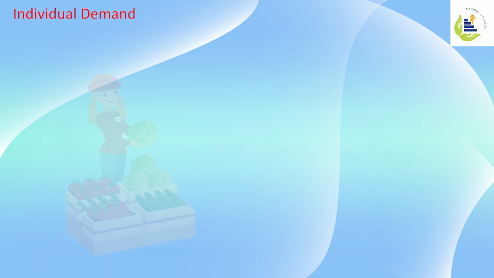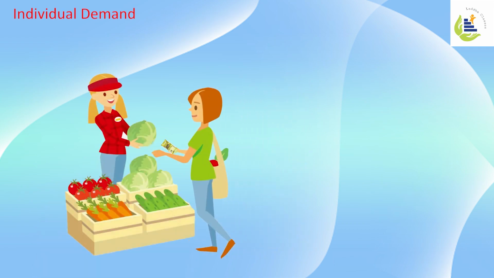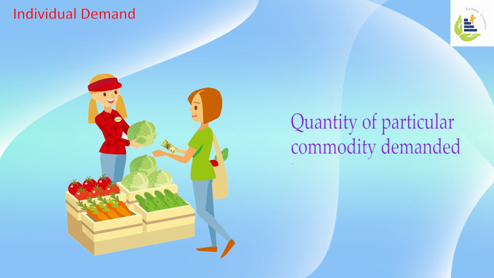So I'll focus on individual demand first. As the name suggests, what is individual demand? It's a demand posed or raised by an individual. Technically, individual demand is the quantity of a commodity demanded or purchased by an individual at a specific price in a given period of time.